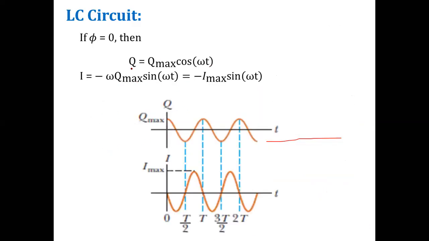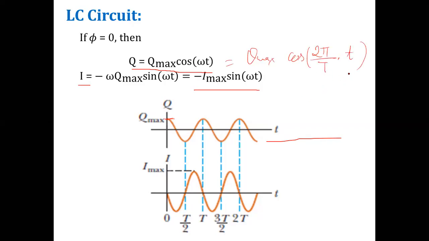Now, this is your charge, and this is your current. If you want to plot your charge and current as a function of time, it has been shown that at time t equal to 0, your charge would be equal to the maximum charge. Omega is 2 pi by T multiplied by t.